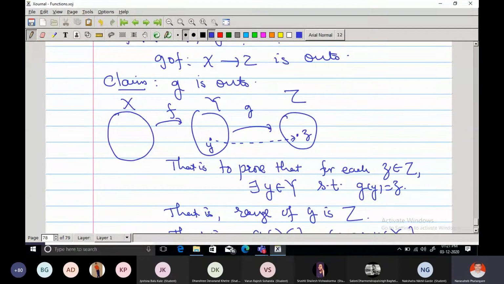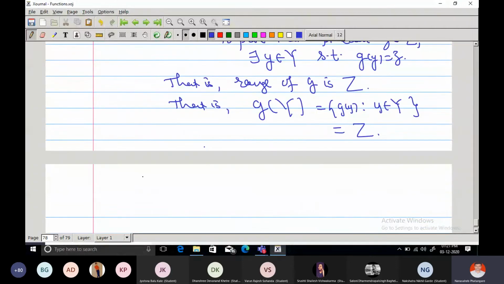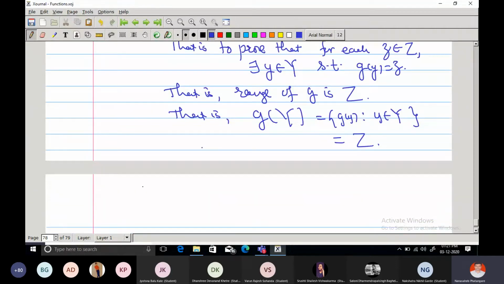So logically, how to start? Your process starts with an element in Z. Somebody gives you some element from Z. You will try to search for an element in Y. If you are successful, then you will declare that if you give me any element from Z, I can produce a pre-image in Y. Correct?